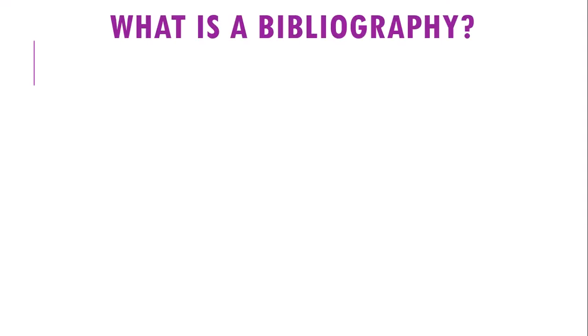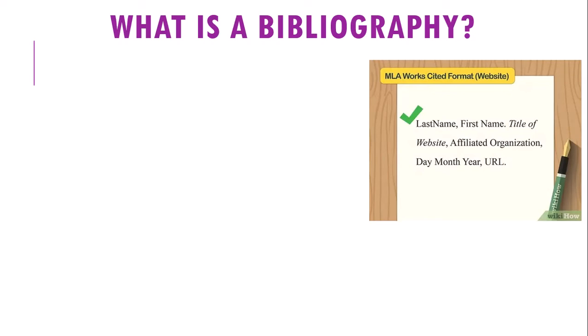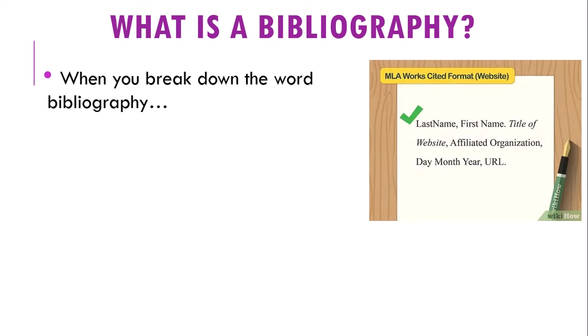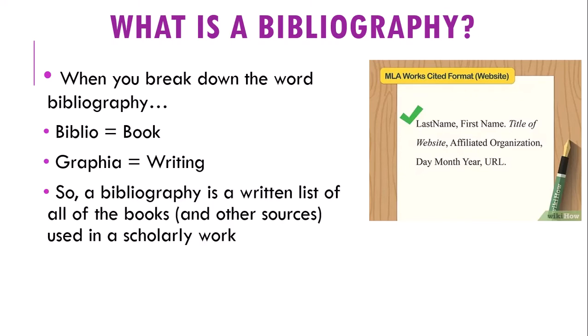First, breaking down this term, what is a bibliography? When you break down the word bibliography, biblio means book and graphia means writing. So a bibliography is a written list of all the books and other sources that are used in a scholarly work, like a research study, an article, or a book.